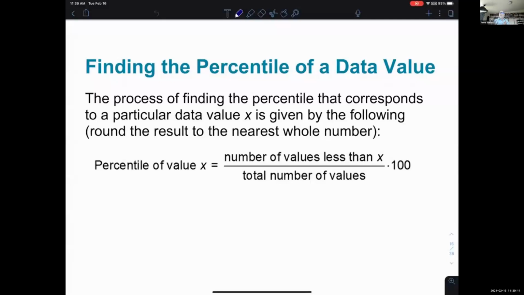And then I would multiply that 1/2 times 100, and I would get 50%. 0.5 moved over 2 decimals is 50%. So the percentile of the median is 50%, and that means the median value is equal to P sub 50. It's the 50th percentile data point.